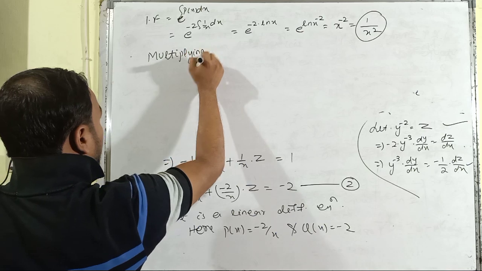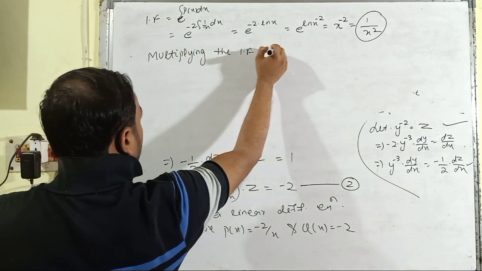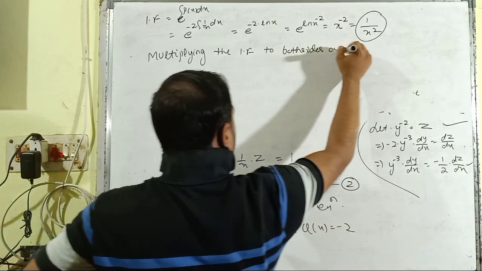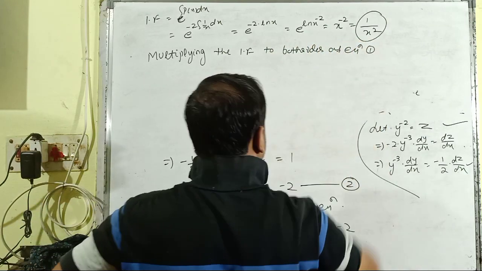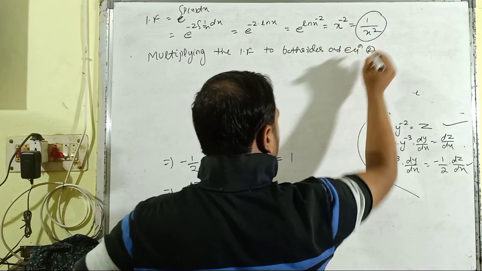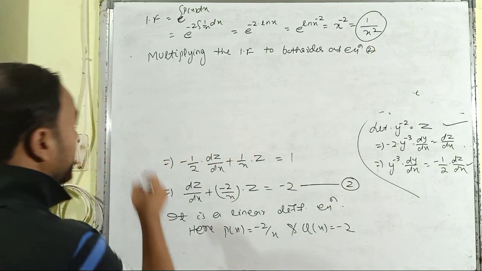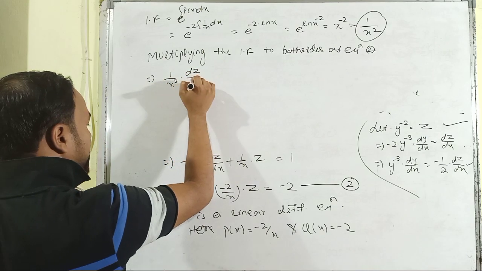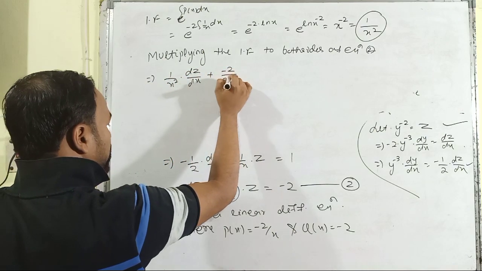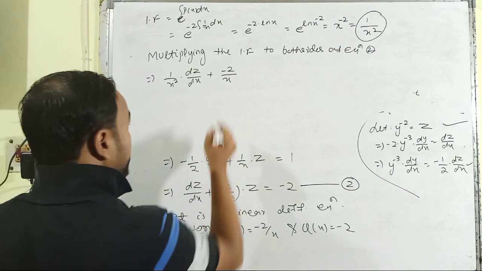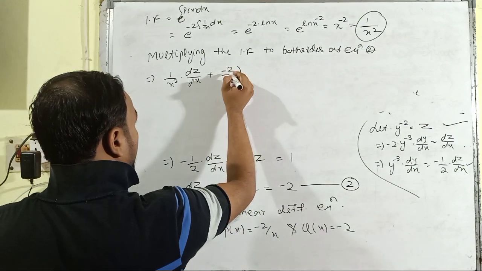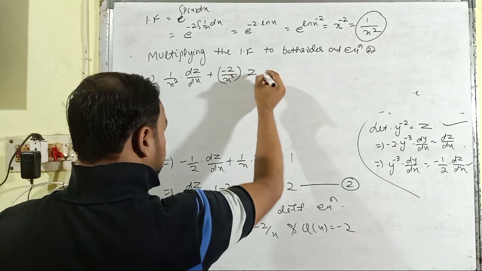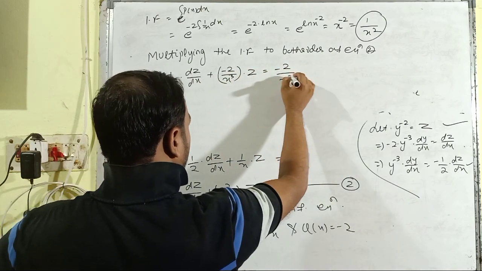Multiplying the integrating factor to both sides of equation 2, we have 1/x^2 dz/dx + (-2/x^3) z = -2/x^2.